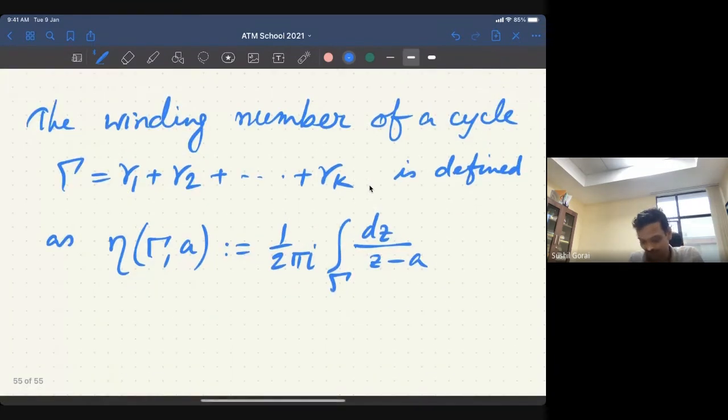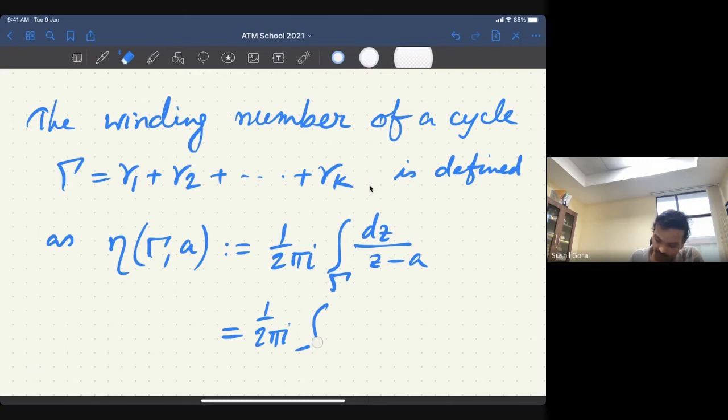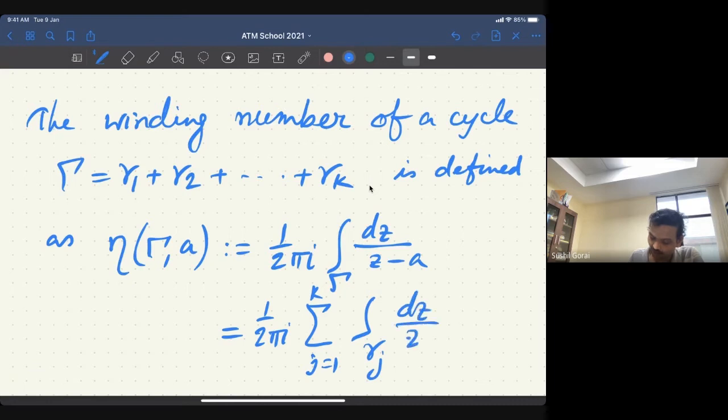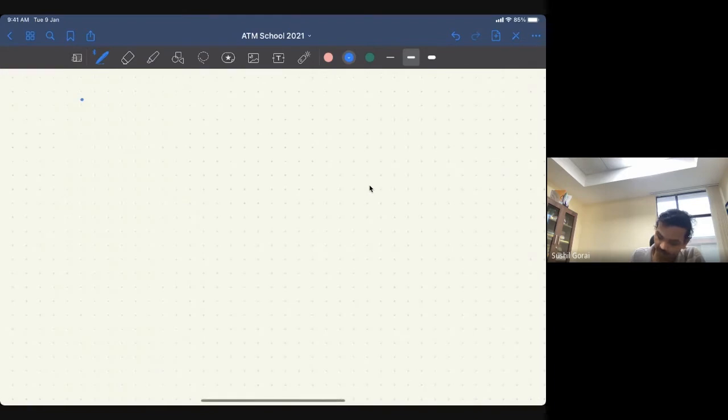This is the usual definition, which is the sum over j from 1 to k of the integration over gamma j of dz by z minus a, which is nothing but the summation j equal to 1 to k of the index of gamma j about a.